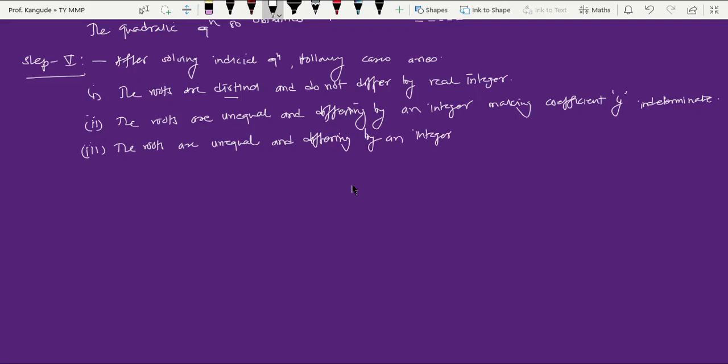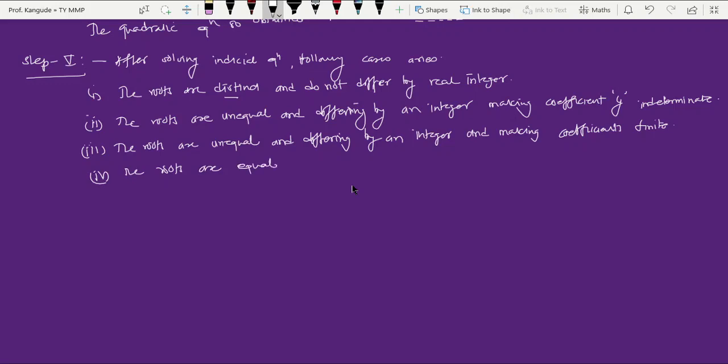These are notes we are writing here: integer, and making coefficients finite. This is the third possibility, making coefficients finite. And the fourth possibility is that the roots are equal.